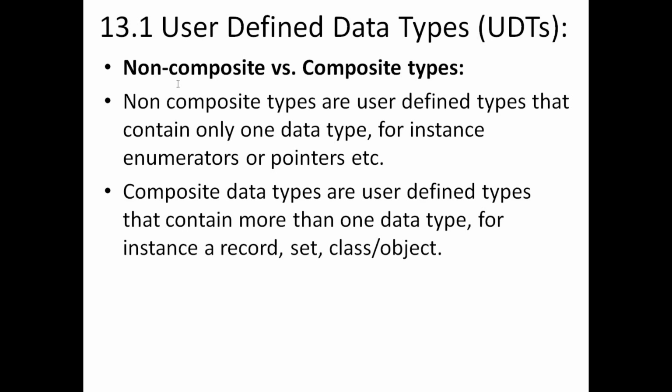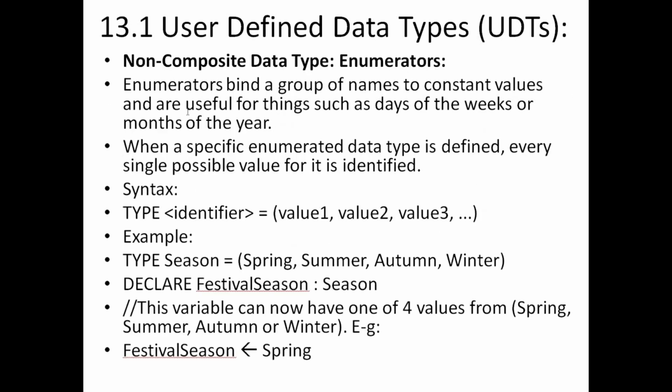Whereas non-composite data types are those that can only hold values from a single basic or built-in data type. The examples for non-composite data types include pointers and enumerators, and for composite data types we have records, sets, classes, and objects. Non-composite data type: enumerator.